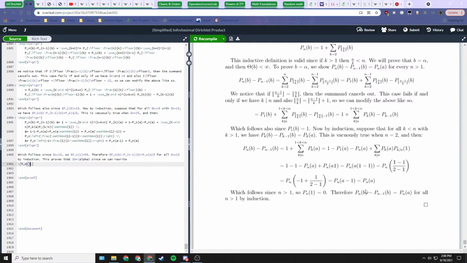So p sub n of B is a summation, k equals 2 to n. So we'll do p sub 1 of b plus this, p sub n of p sub k of b.